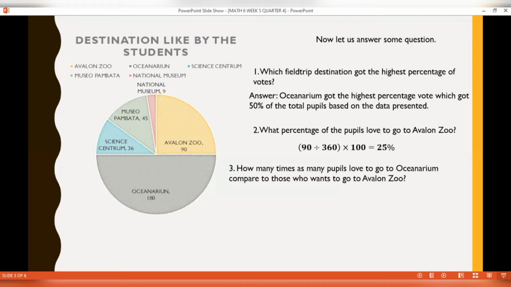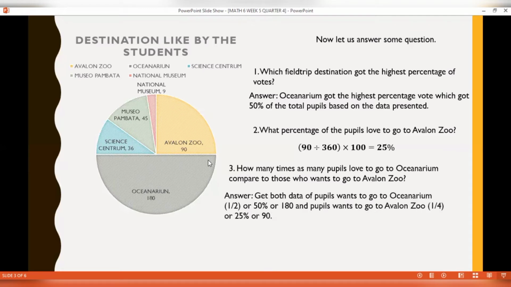Question number 3, how many times as many pupils love to go to Oceanarium compared to those who want to go to Avalon Zoo? Ito yung may gusto ng Oceanarium, 180. At ito naman yung may gusto ng Avalon Zoo, 90. Kung ikukumpara natin silang dalawa, ilang beses na mas malaki yung Oceanarium kaysa sa Avalon Zoo, yung boto.